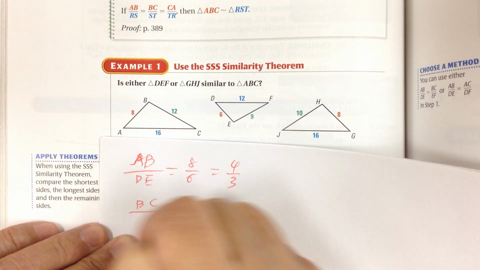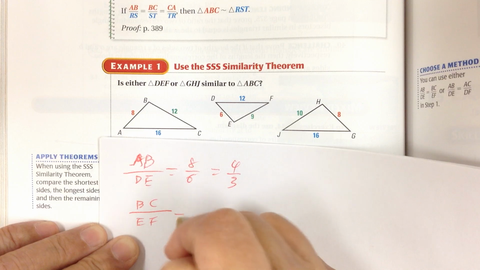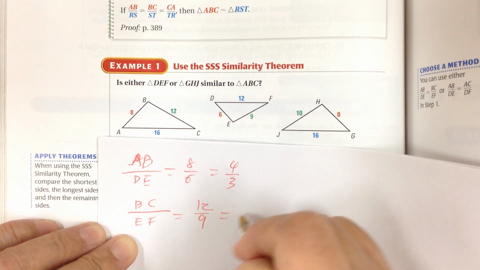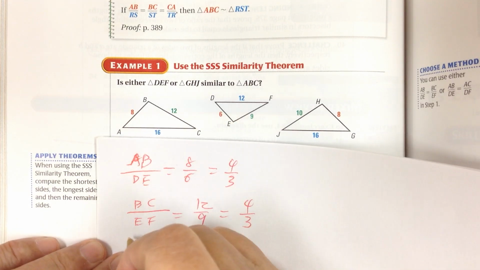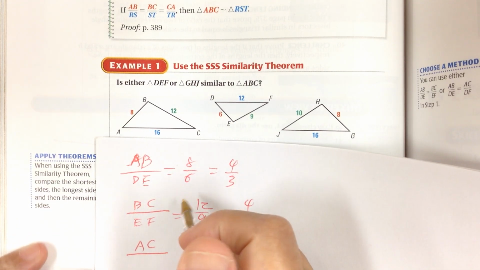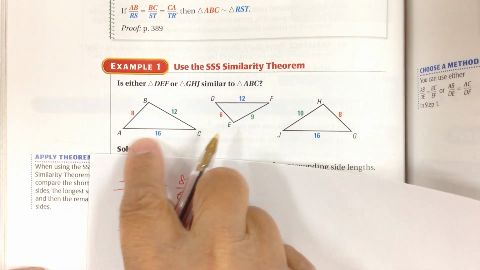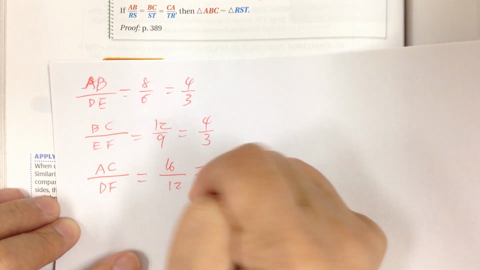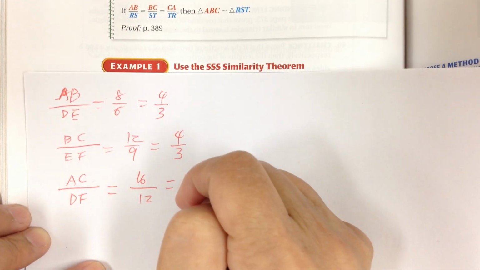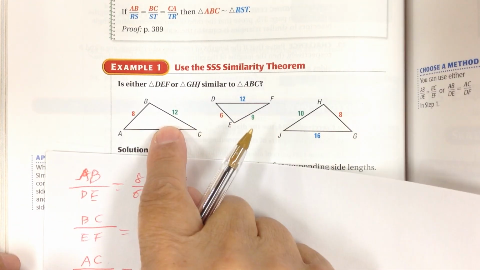BC, that's the green, over EF is 12 over 9, so you get 4 over 3. Then you do the longer side, AC over DF. AC is 16 and DF is 12, so dividing by 4, you get 4 over 3. So all of them have the same ratio. So yes, this is similar to this.